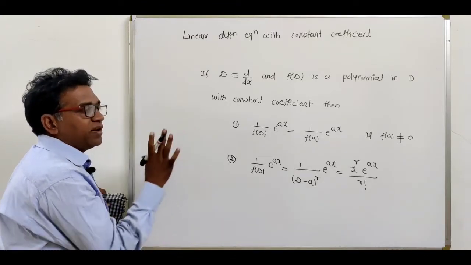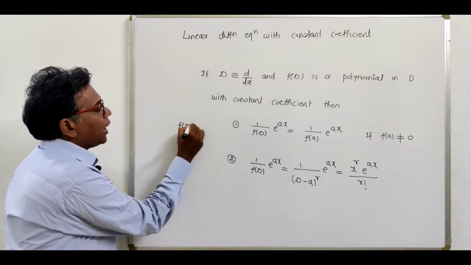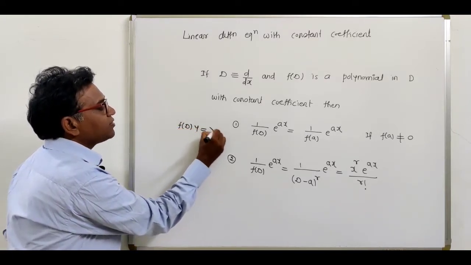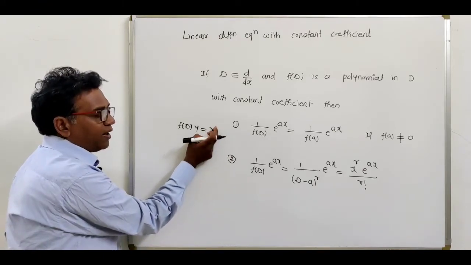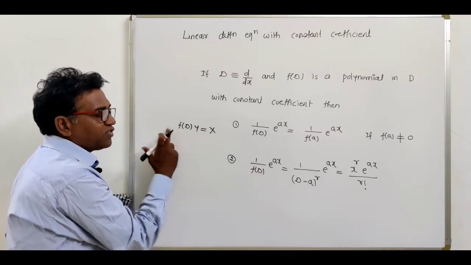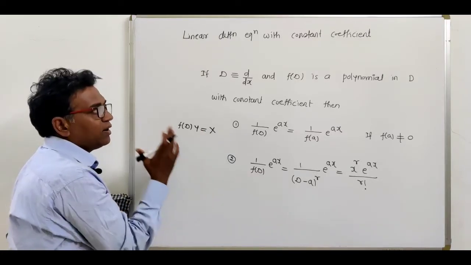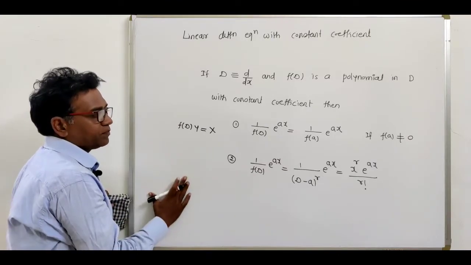A differential equation of the form f(D) y equal to capital X, where capital X is a function of x alone. This equation is called a linear differential equation with constant coefficient.